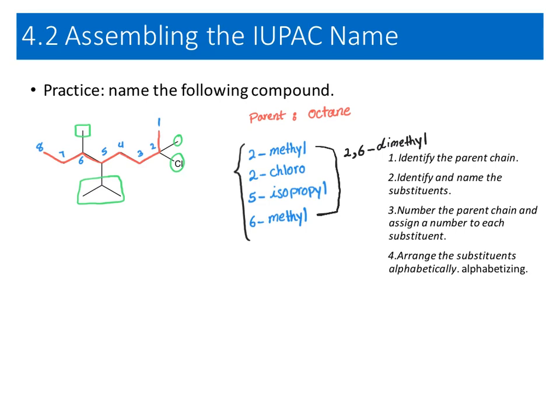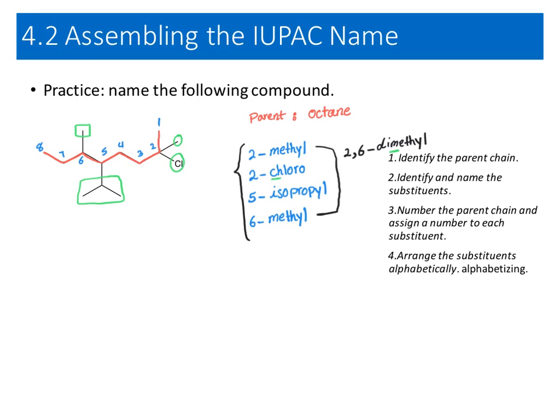Now let's put all the substituents before the name of the parent chain alphabetically. So for the methyl substituent, I need to look at the letter M. I ignore the "di."